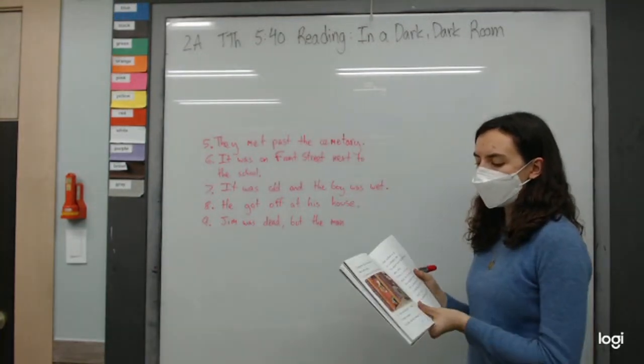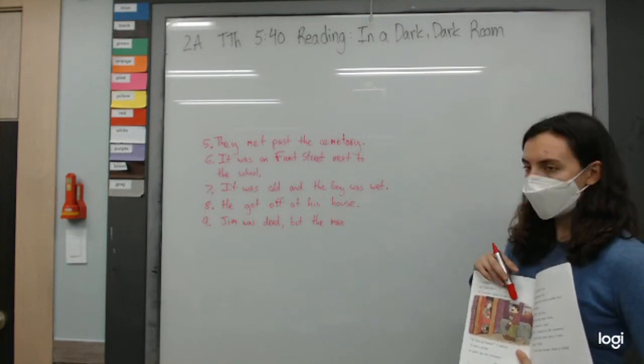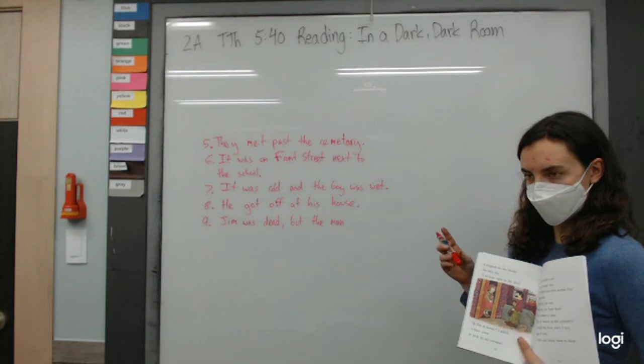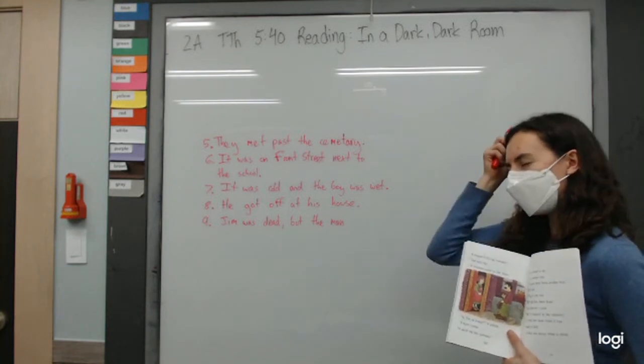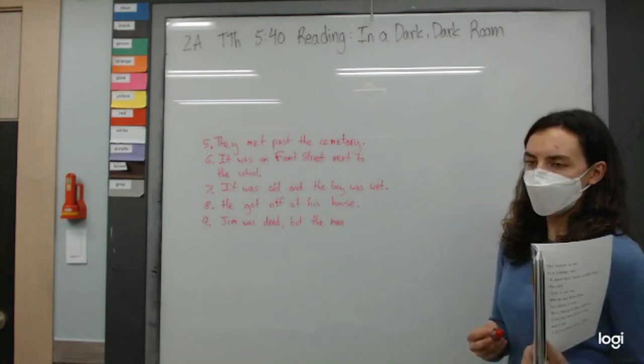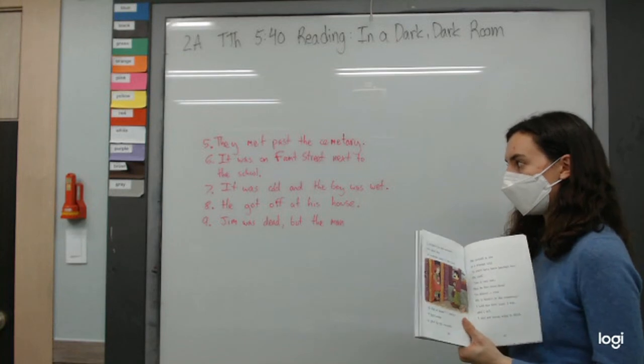Why? So the man wants his sweater. So where does the man think his sweater is? The man thinks, this is where my sweater is. Where does he think the sweater is? Jim's house. Yes, so he thinks the sweater is at Jim's house.